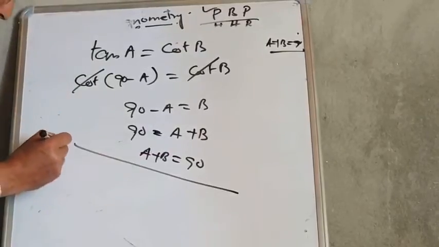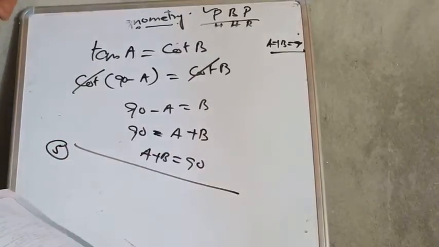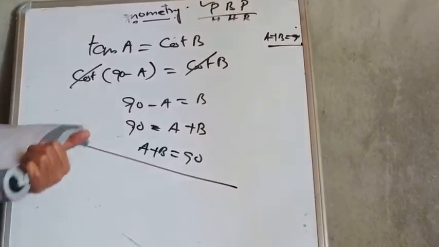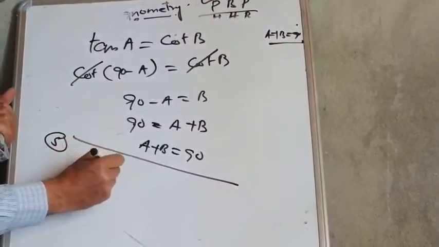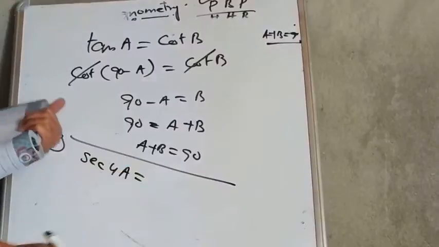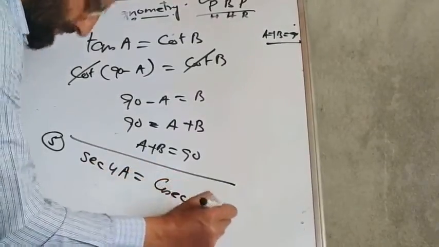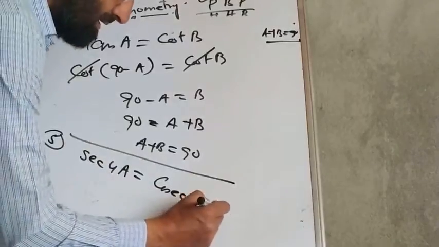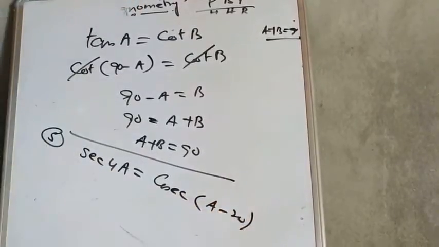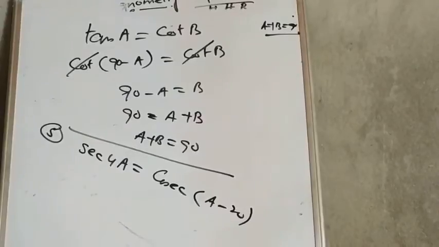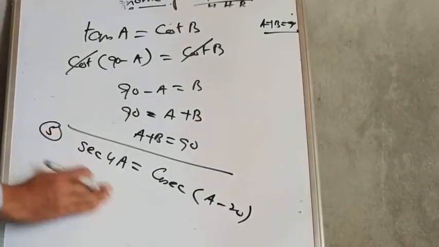Now question number 5 is, if sec 4A is equivalent to cosec A minus 20. Similarly, you can change one of the angles. Let us change here.